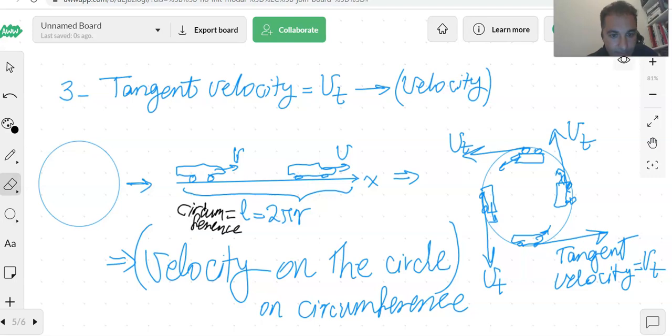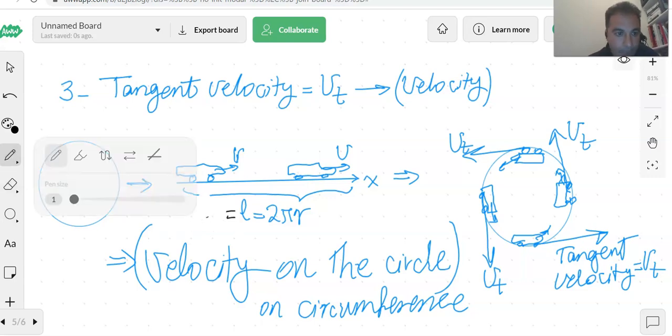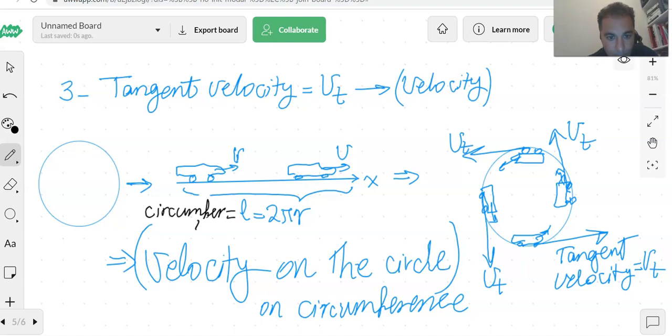Now, when a car goes on one line, what is its velocity? It's v. Yes.